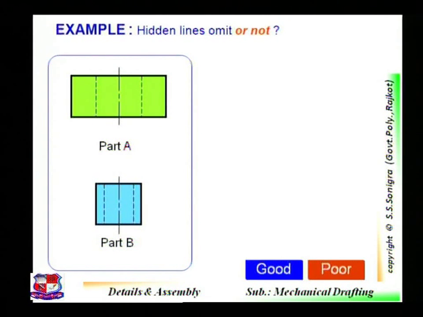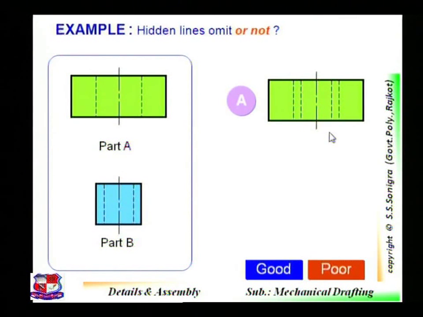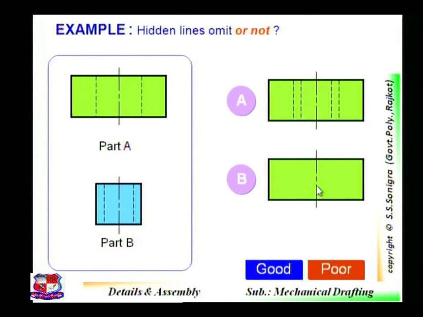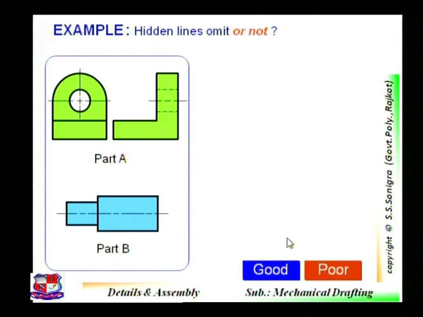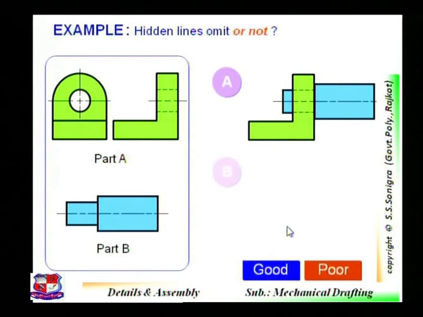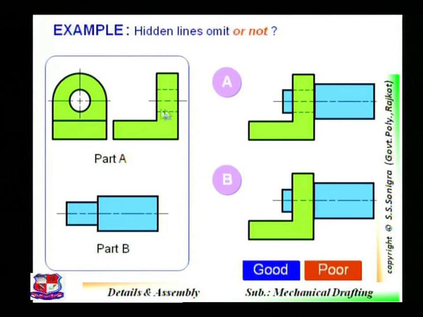Now the second case, part A and part B. Here hidden lines are there; whether they are to be omitted or not? So for that, this is part A, draw part A, and part B is to be inserted in this like this. Assembled, B. Now think about these two cases.